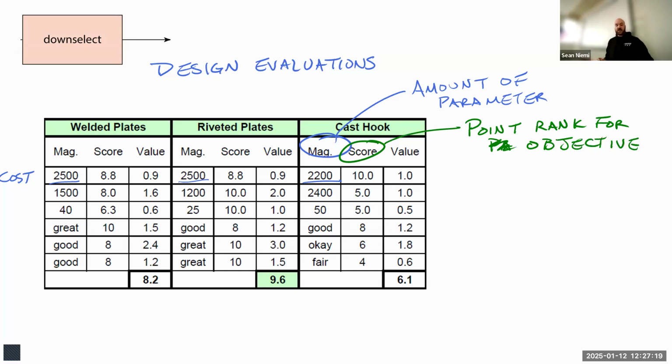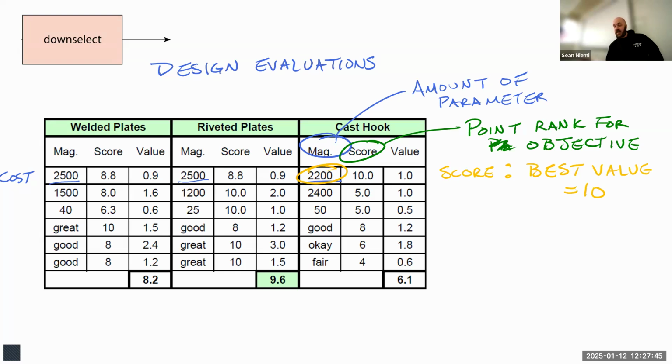All right, what we do at this stage is we say, I have this magnitude here, 2200. For determining a score, best value equals 10.